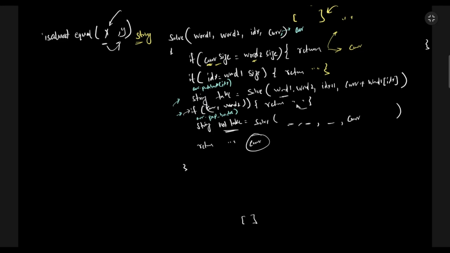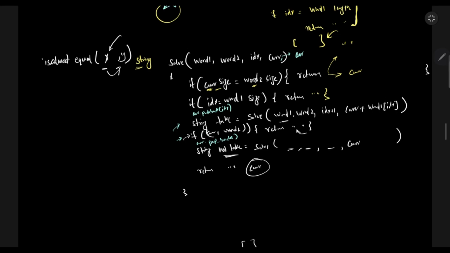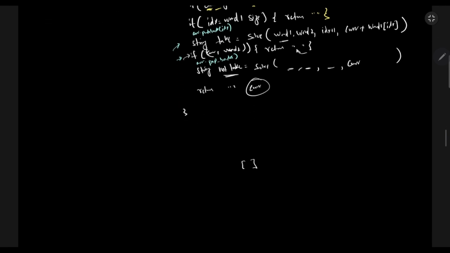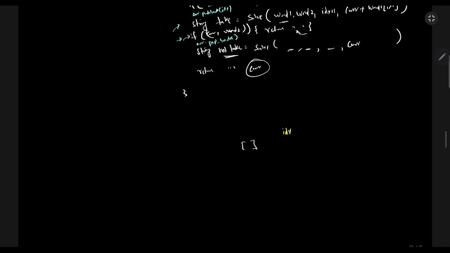All right. Now I will tell you why we can't memoize this recursion. If we see the changing states of the recursion, those are the index and the current, right? The index will go from 0 to word1 dot size, and the current is a subsequence of word1, and there will be 2 power word1 dot size number of subsequences.